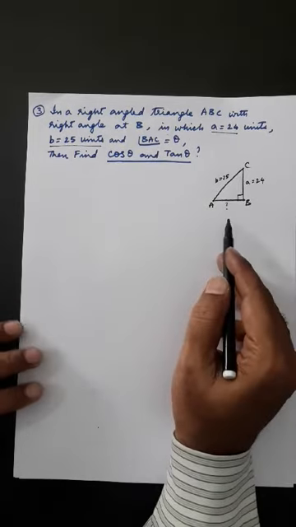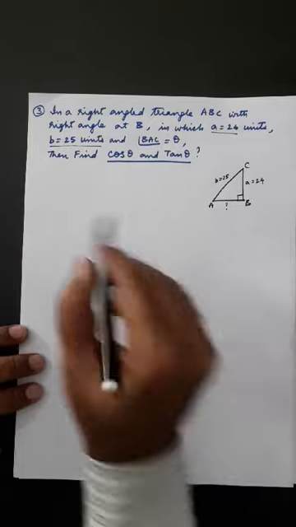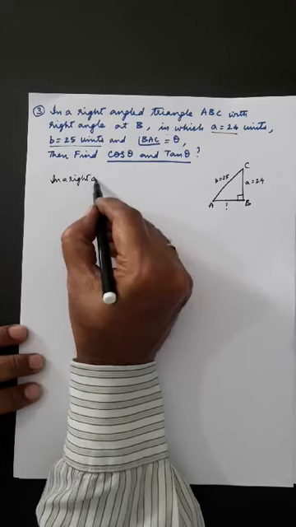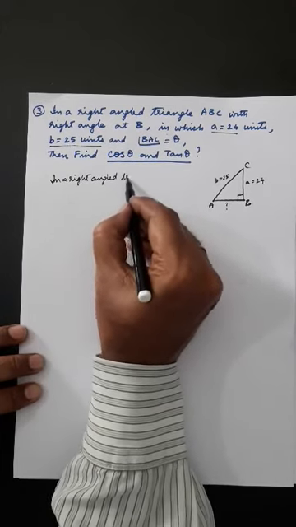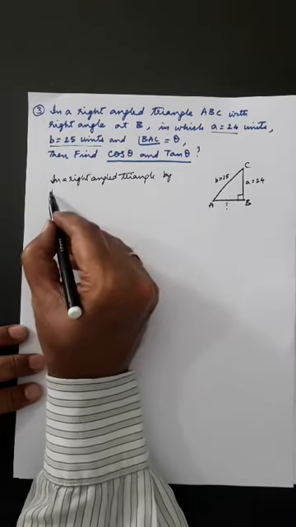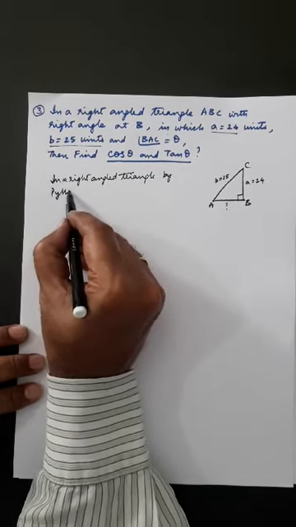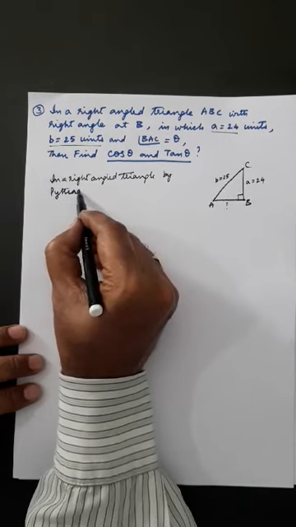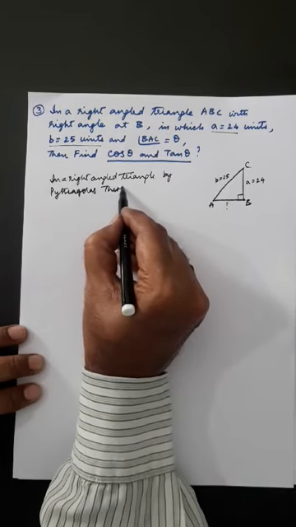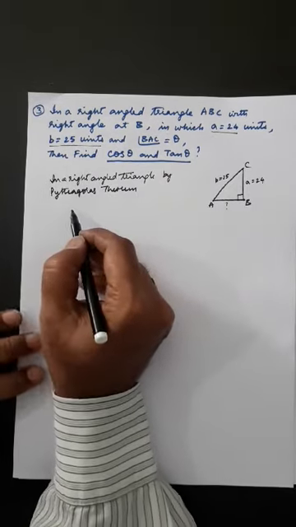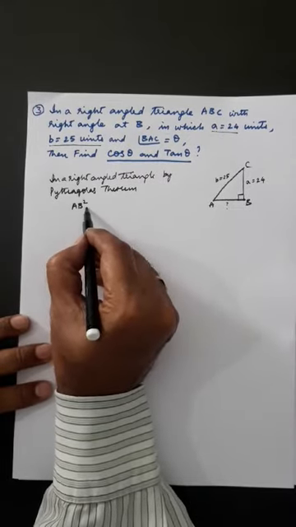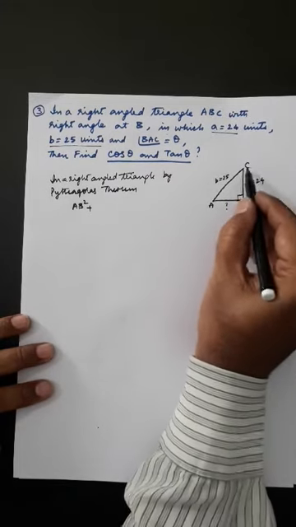For finding that, again we will go to the Pythagoras theorem. In a right angle triangle, by Pythagoras theorem, AB square plus BC square is equal to AC square.